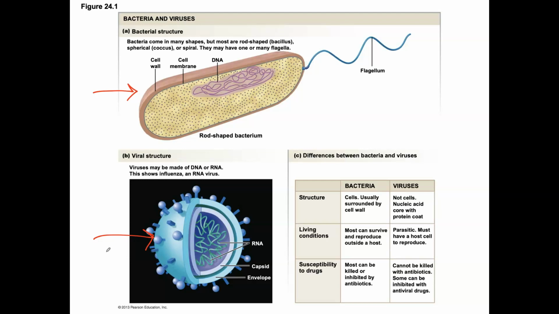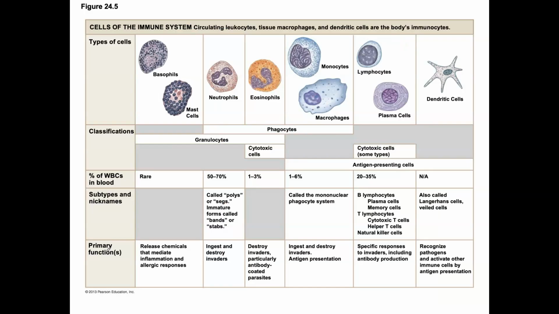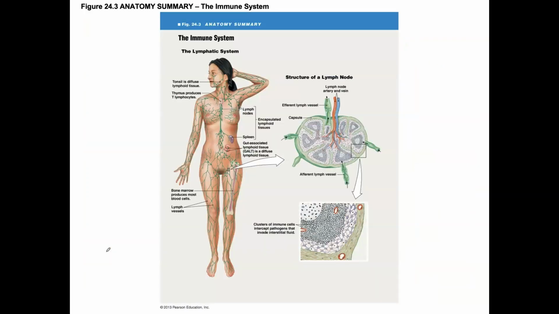The immune system consists of lymphoid tissues, immune cells, intracellular and extracellular chemicals, all coordinating and working together to execute immune system functions. So for example, this is a diagram of the lymphatic system, and the lymphatic system has lymph nodes, spleen, this is the gut-associated lymphoid tissue.